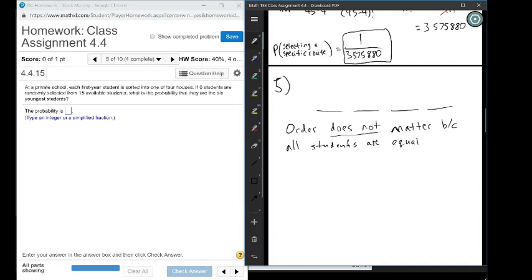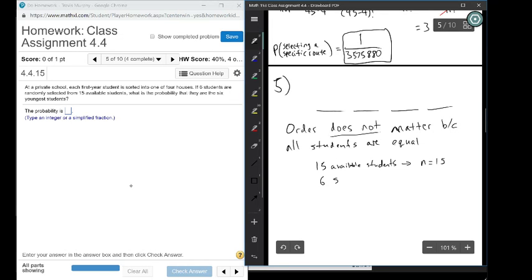So really, we are looking at 15 available students. Means n is equal to 15. And 6 students are randomly selected. 6 students selected implies r is 6.